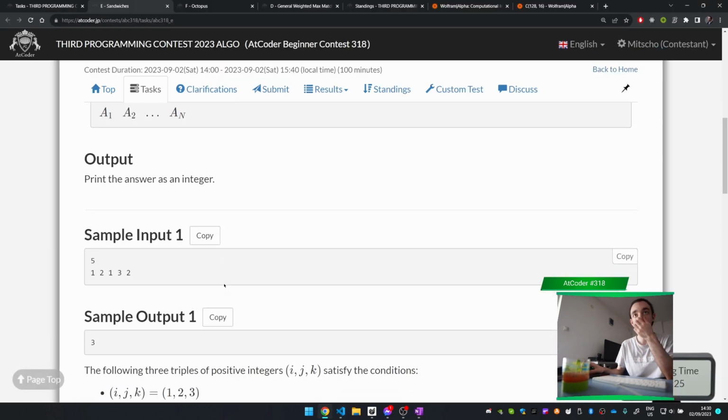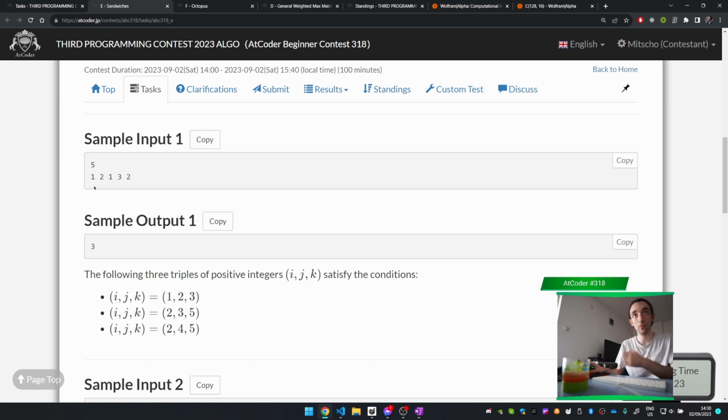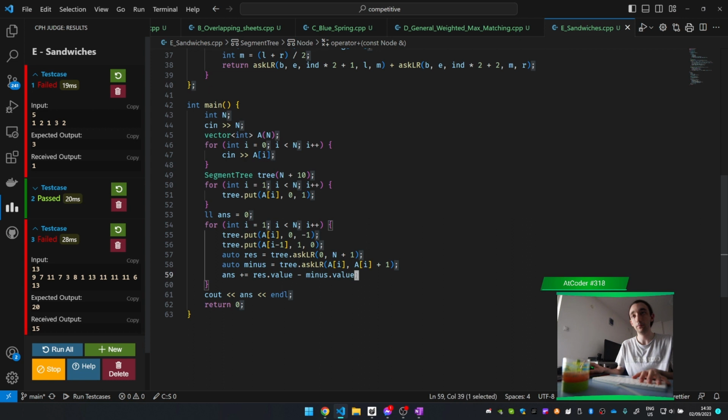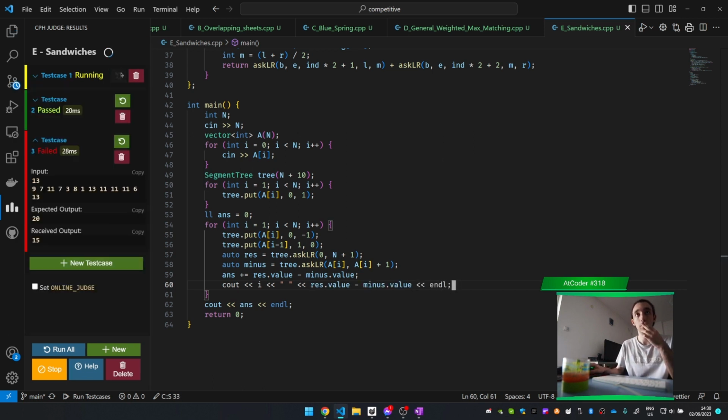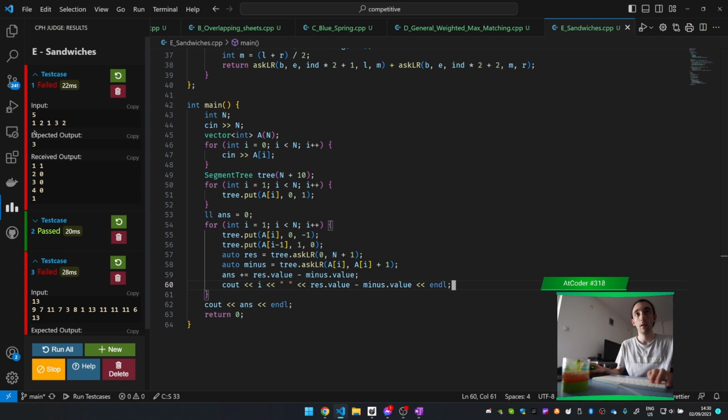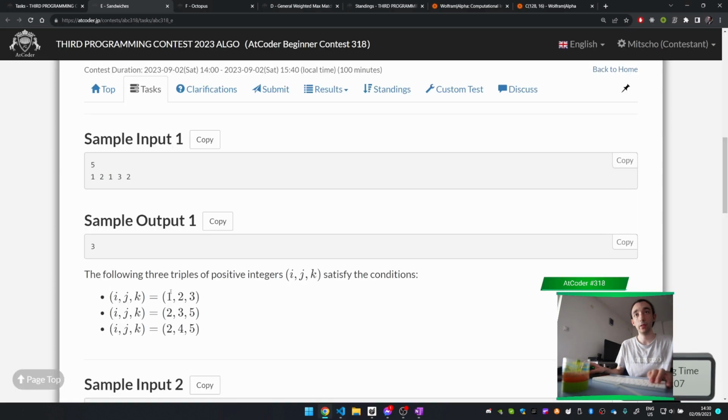Okay, let's see just what are the triples. 1, 2, 3. So there's just 1, 2, 3, this triple, then there's this 2, 2, 3, and 5, this triple.